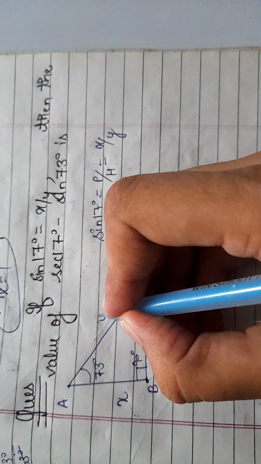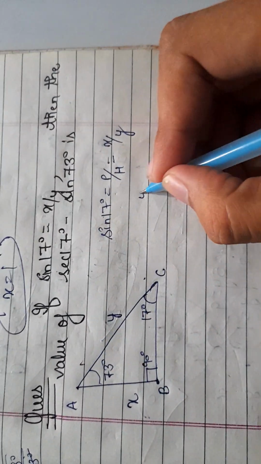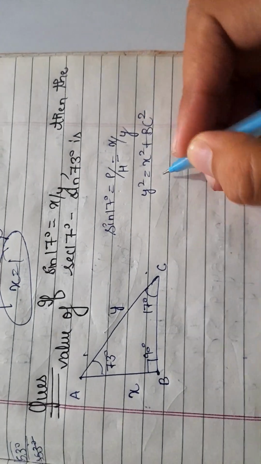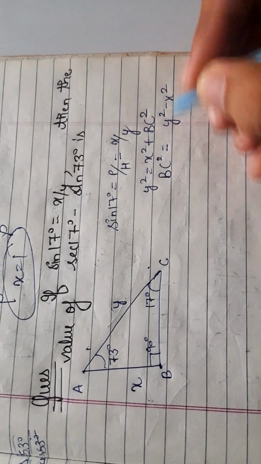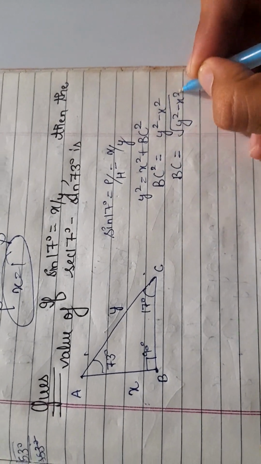X and y. We will get the base by Pythagoras theorem: y square equals x square plus base square, so base square is y square minus x square. The base will be root y square minus x square.